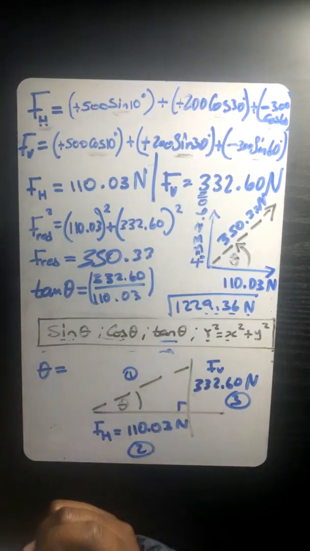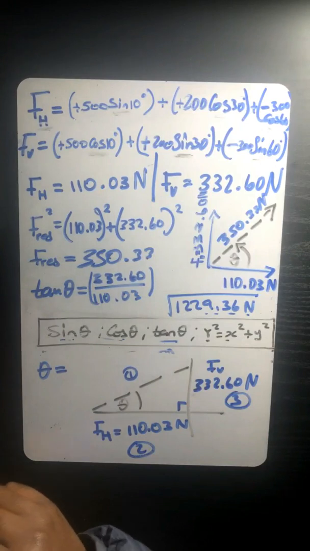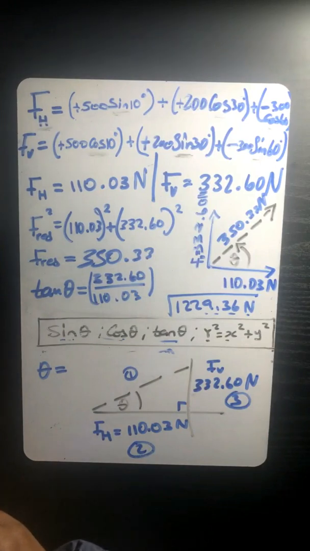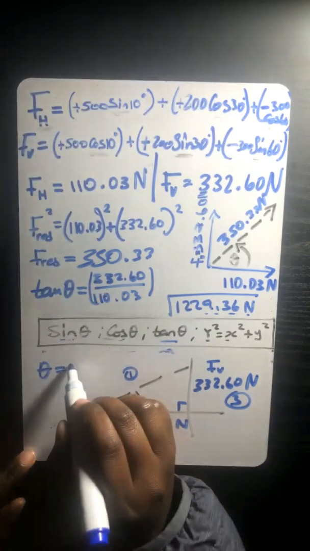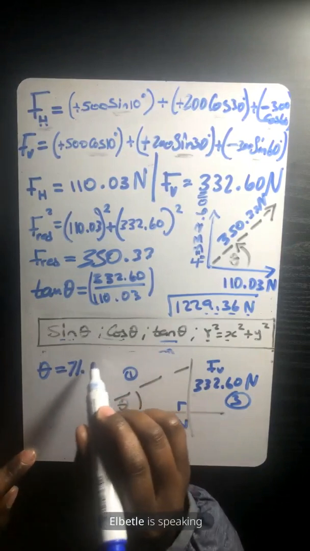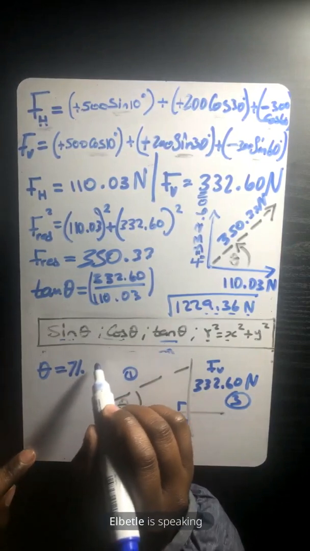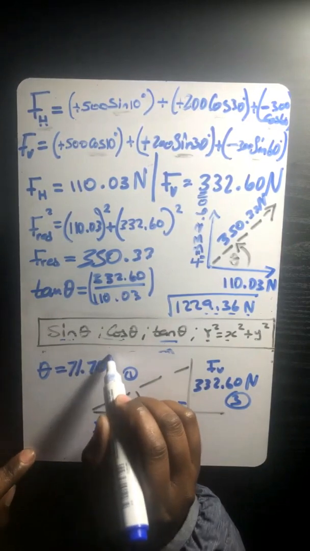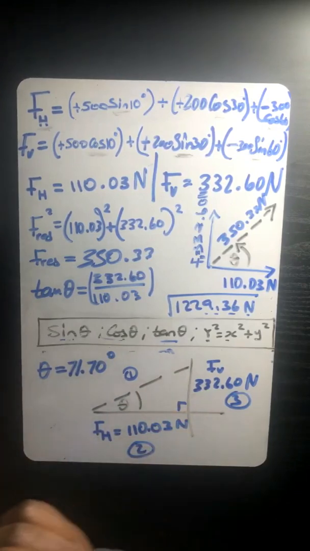What are you guys getting there? 71,694,86546. Let's round it off, Shreyas. 71,70. Okay, 71,71 degrees.